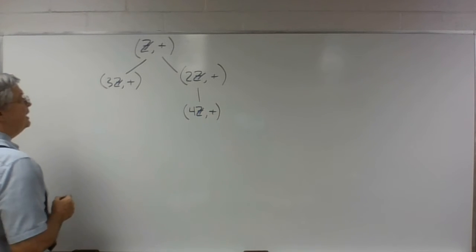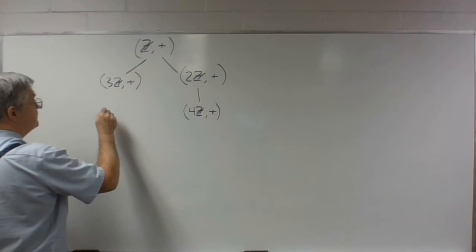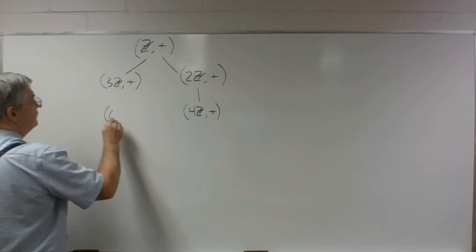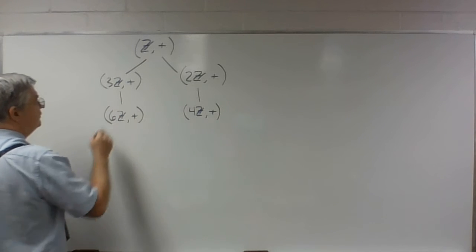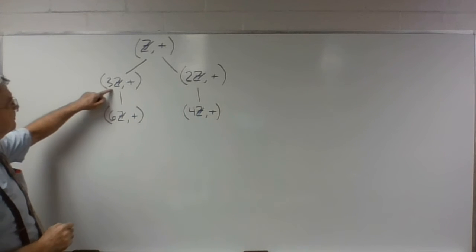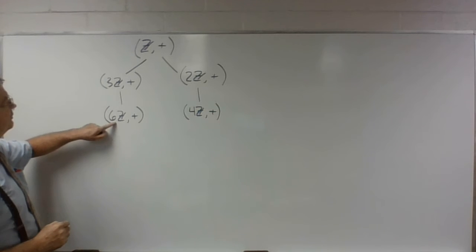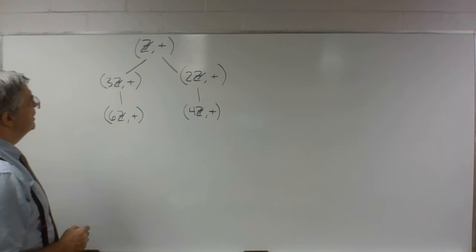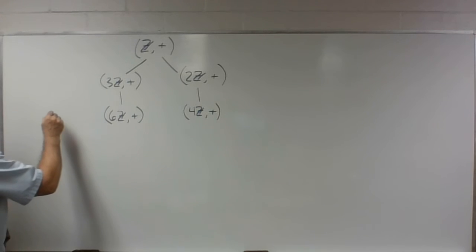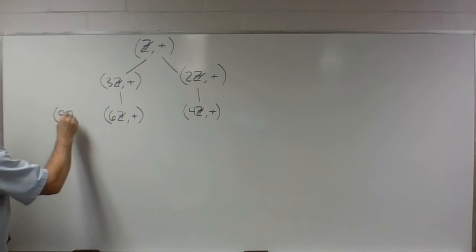Now we can do the same thing with 3Z. 6Z is directly a subgroup of 3Z. Every multiple of 6 is also a multiple of 3. And we can also do 9Z.